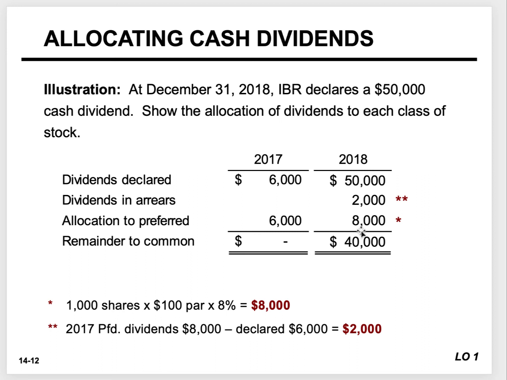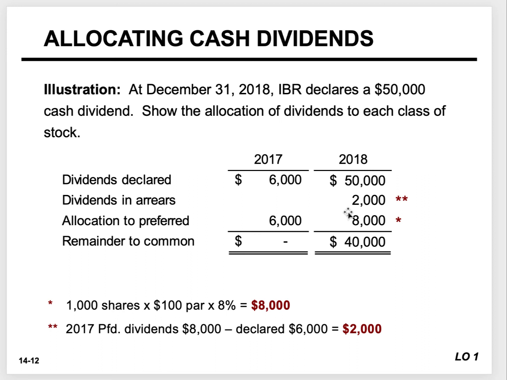I owe them $8,000 from this year's allocation of the dividend payment. So as you can see here, to catch up the preferred shareholders, I need to pay them $2,000 from dividends in arrears from 2017, and I need to pay them their dividends this year, 2018, which they're entitled to $8,000.